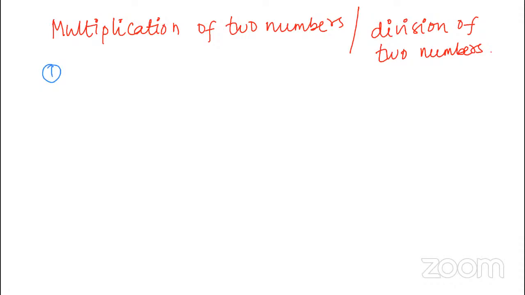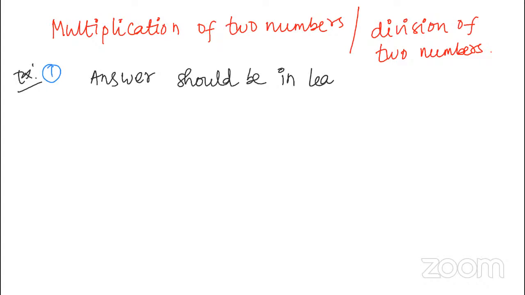Here, for multiplication and division, the answer should be in least significant form, or significant figures. Okay, right.